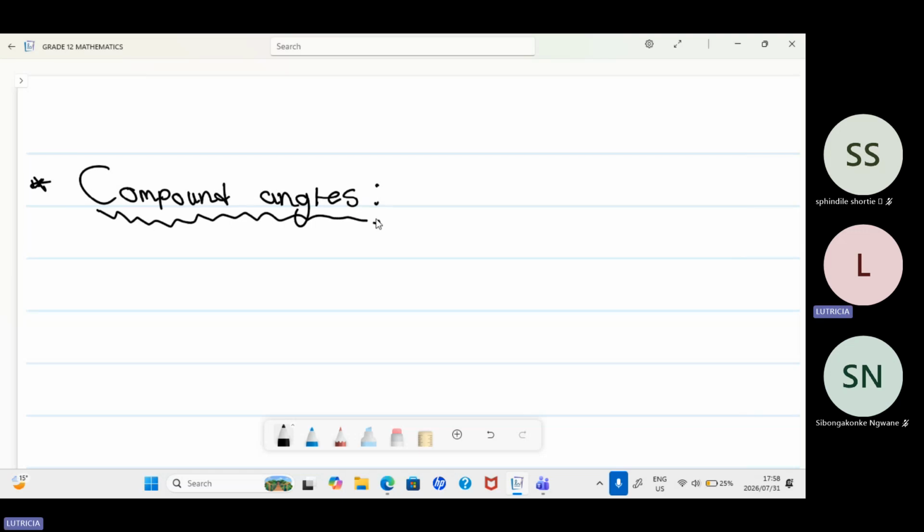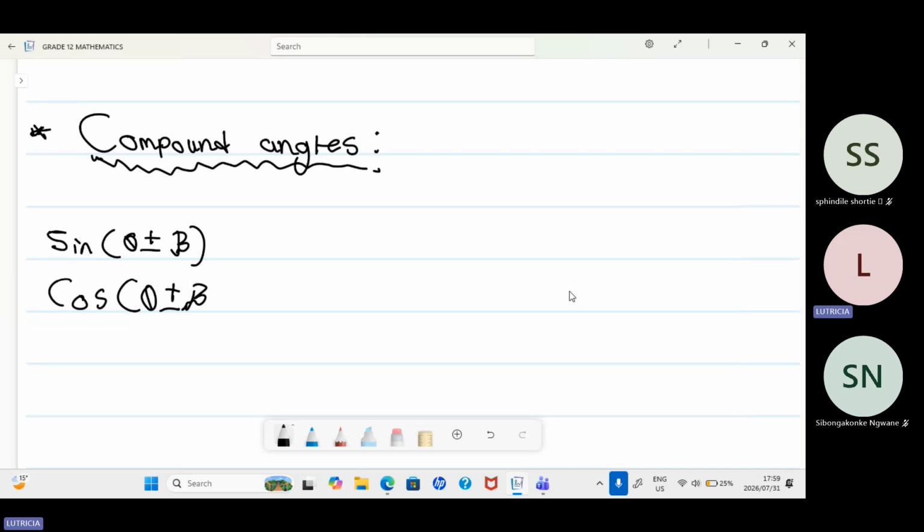Okay, so with compound angles, let me just first write how they look. Theta plus minus beta, and then theta plus minus beta. So this is what they look like. In order to be able to solve compound angles, you first need to understand, I forgot what they're called, general angles, something like that.